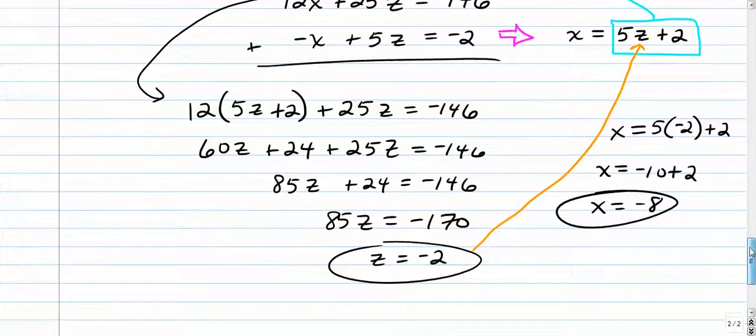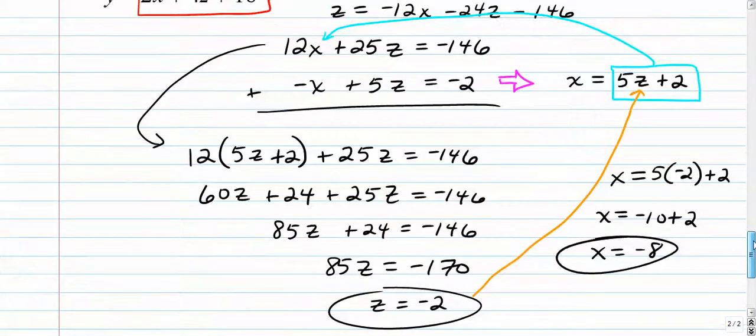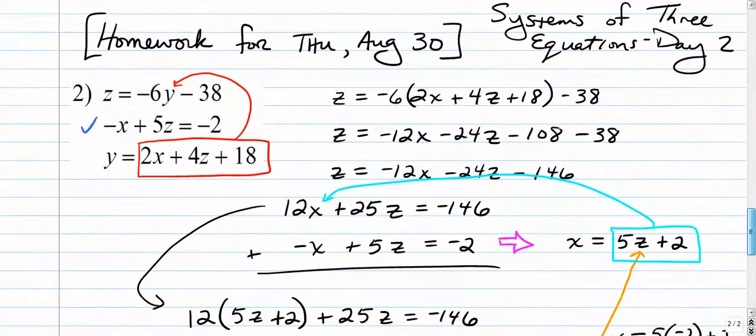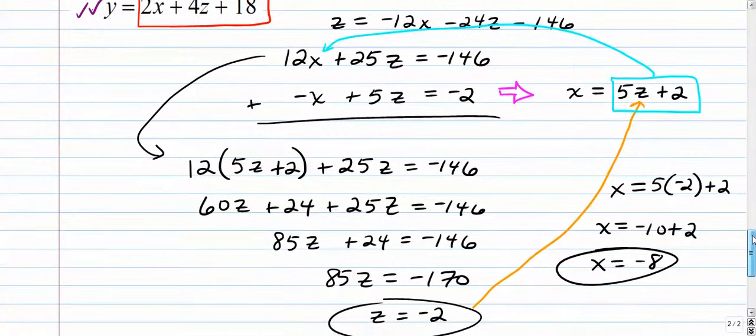And finally, we need the y answer. So we need to go back up. Right here would be a really good place, because it already says y equals. So let's rewrite that and replace the x with our answer.